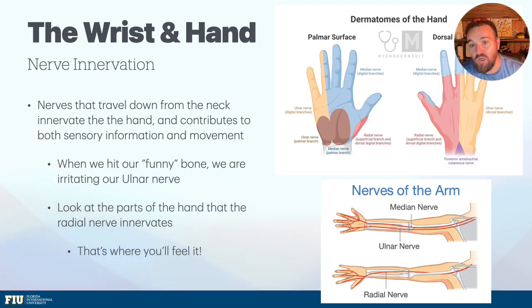And as such, we can see that if we look at the picture up top, the median nerve controls a lot of the palm of our hand, and the ulnar nerve controls a little bit of the palm of our hand as well. But it only controls 1.5 fingers of that, right? Both the control and the sensory, most importantly there. We can also see that the radial nerve is pretty much only present, a little bit, you can see from the anterior aspect, but pretty much only present on the posterior aspect of the hand.